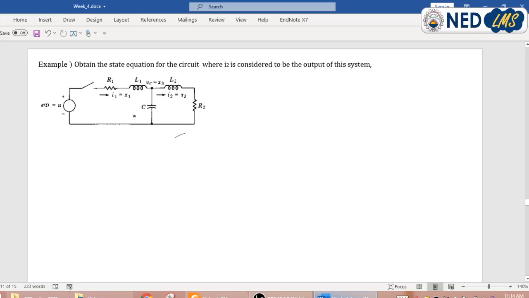First of all, we have to write the loop and the node equations. So using KVL in loop 1, E of t, the applied voltage, equals VR1 plus VL1 plus VC. This is equation number 1.